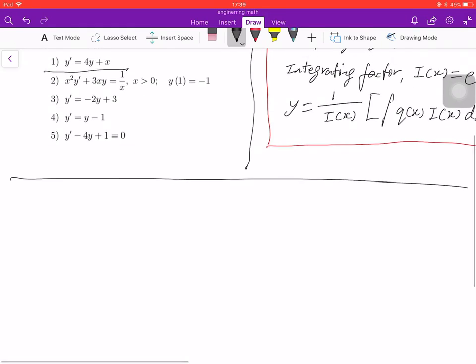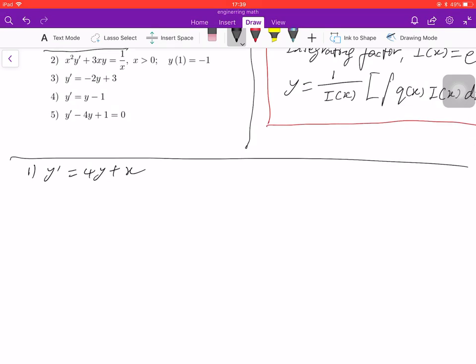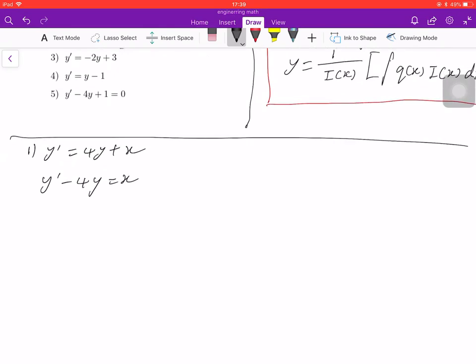Question 1: we have y prime equal to 4y plus x. To write it in the standard form, we have y prime minus 4y equal to x. Now identify p(x) in this differential equation. The p(x) here is minus 4 and the q(x) is equal to x.